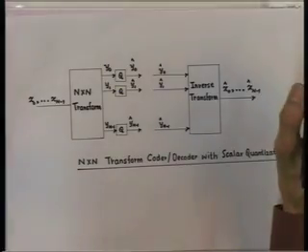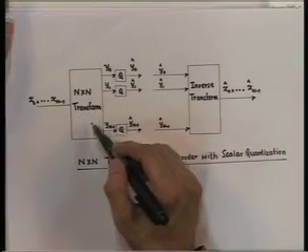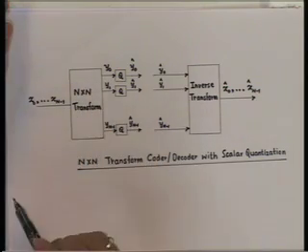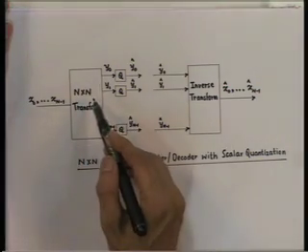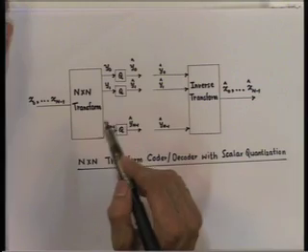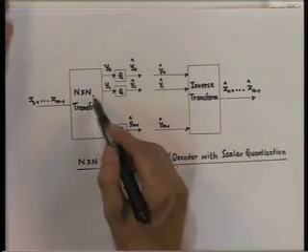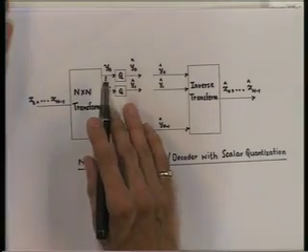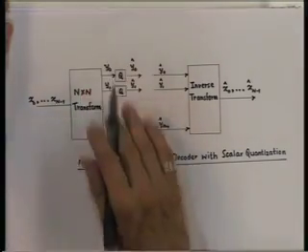Now, for our discussion, an n by n transform will be any, without loss of generality, real valued linear operation taking n input samples to n output samples or transform coefficients.